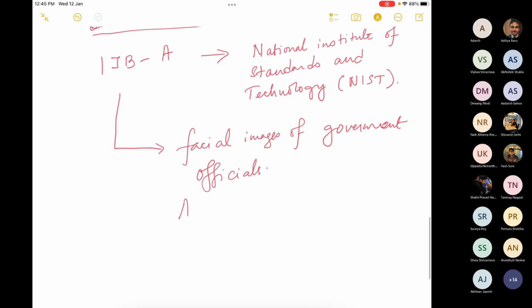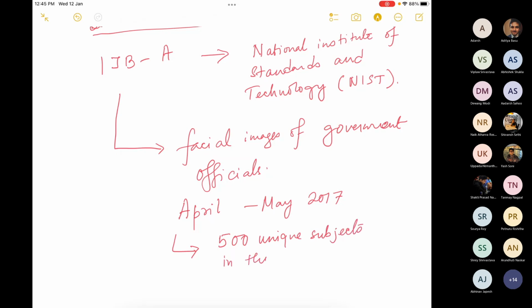The time of assessment was between April and May 2017, and at this time there were 500 unique subjects in this dataset.